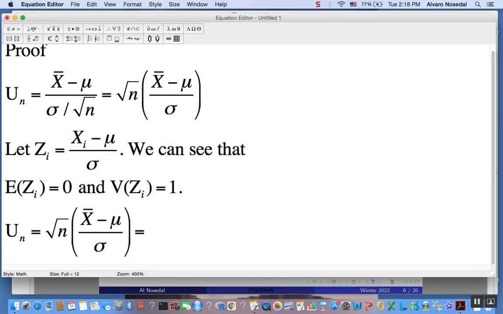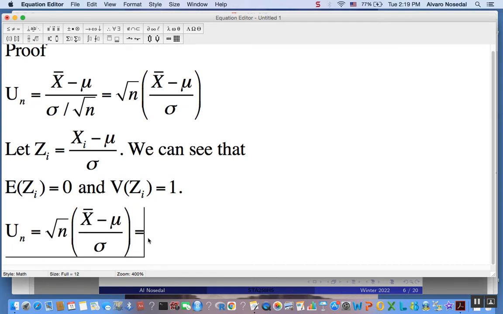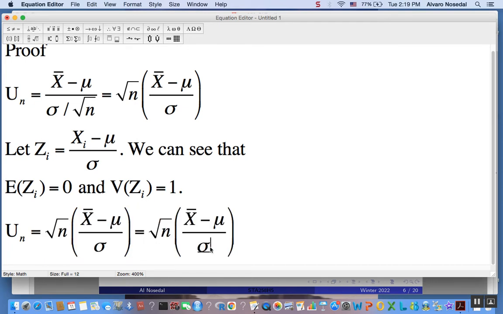Now note that I could factor out that sigma here.